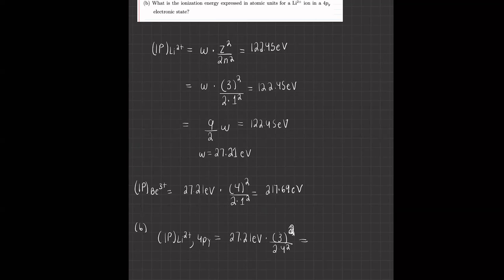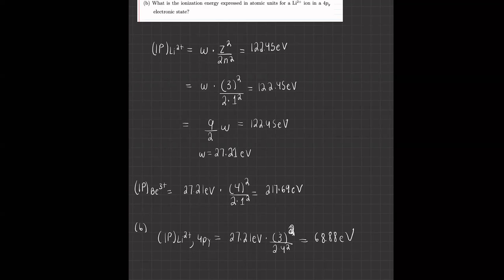So that's 27.21 times 9 over 2 times 16, which would be 68.88 electron volts. That's all I did for part B.